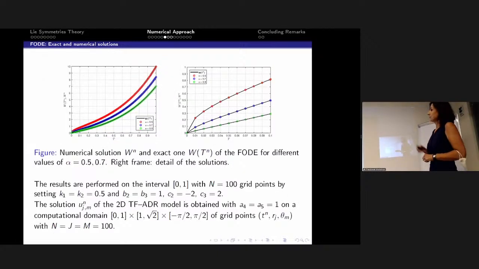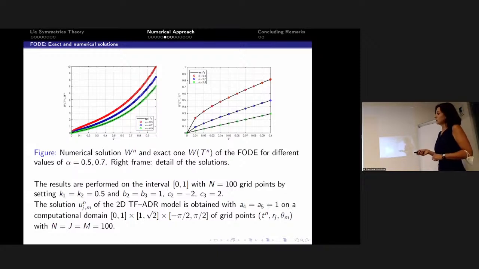Here we show the comparison between the exact and numerical solution obtained for different values of alpha. On the right, we have the tail of the solution, and we note that the numerical solutions that we obtain by solving the fractional ordinary differential equation by the trapezoidal method are in good agreement with the exact solution.